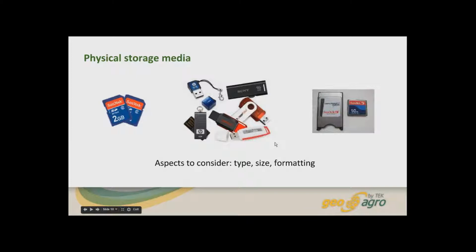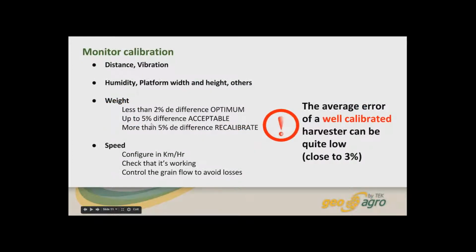It's not yet too widespread in the market. That will be really a revolution in terms of data processing, because it will take a lot of the manual work out of managing the data. For now, we are using different data devices to download the yield data.